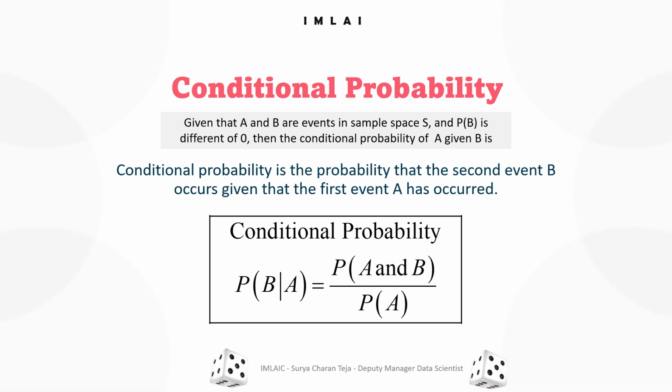The idea is that when an event A has already occurred, then the probability of B changes, because its sample space size changes and its frequency of occurring also changes. That's the main idea.